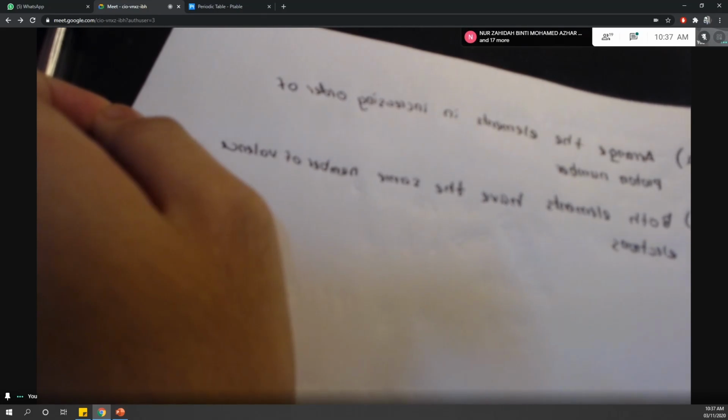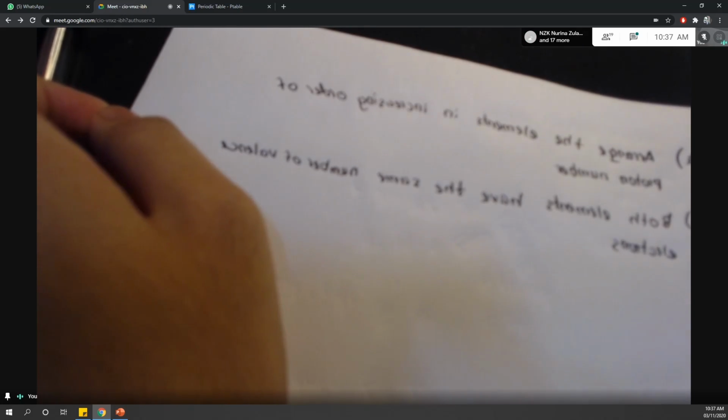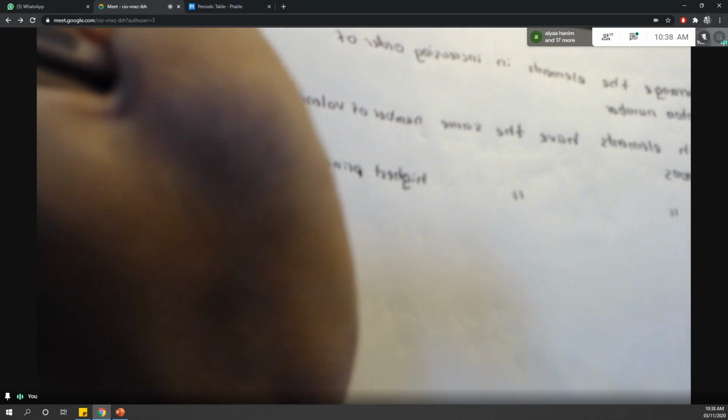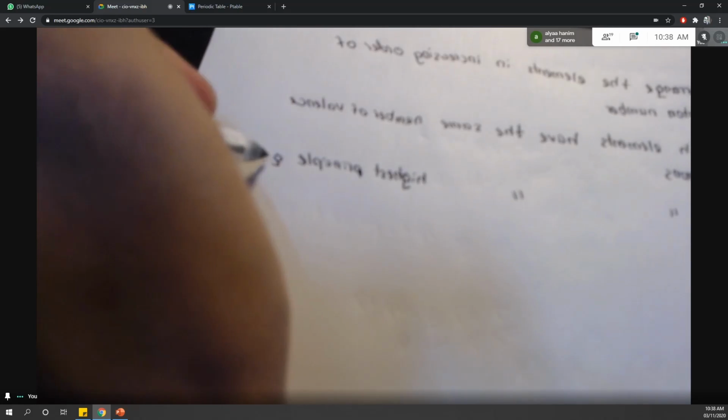And then kalau C pula, why B and C are in the same period? They have the same highest principal quantum number. So jangan lupa perkataan highest. Okay. So both elements have the same highest principal quantum number.